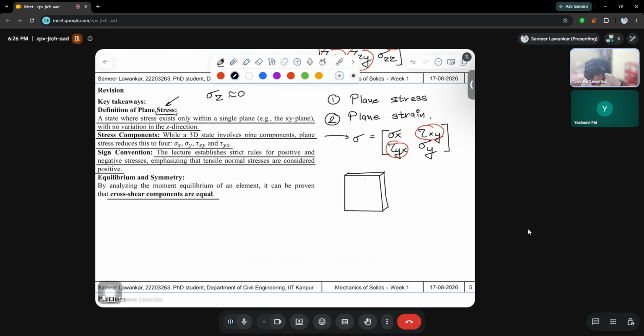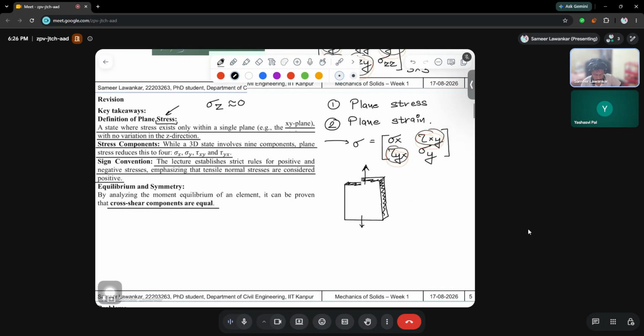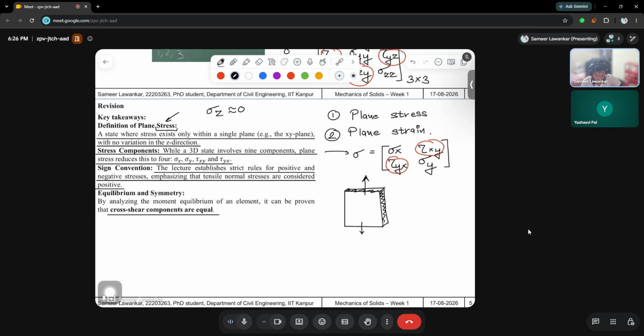When you apply tensile stresses to it, the stresses exerted in the z direction are very, very small. Such materials, in which stresses act in this way, are modeled as plane stress problems.